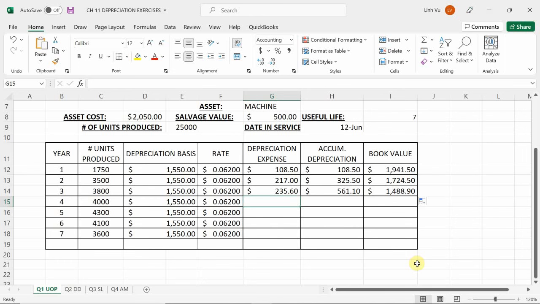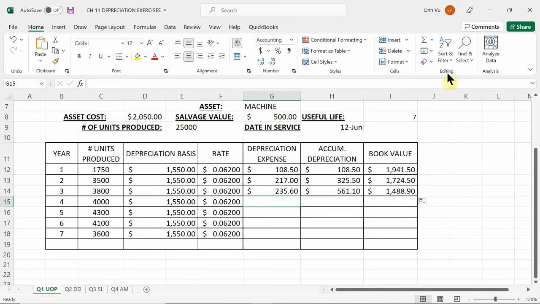All right. I'll let somebody else go. Okay. So then, what is going to be my depreciation expense if I produce 4,000 units for year 4? If nobody's answering, it's 248.